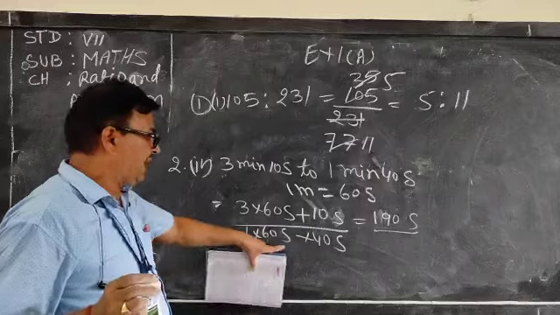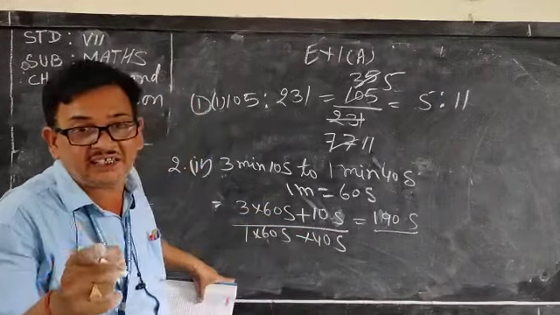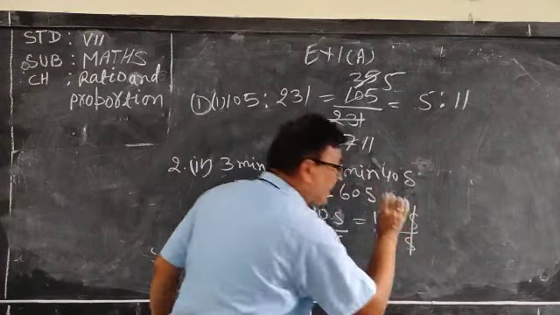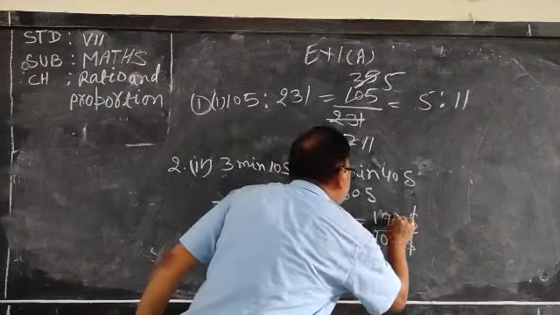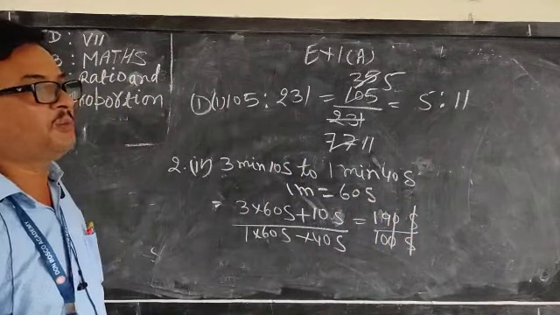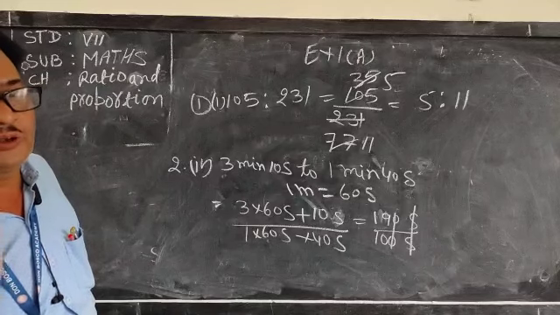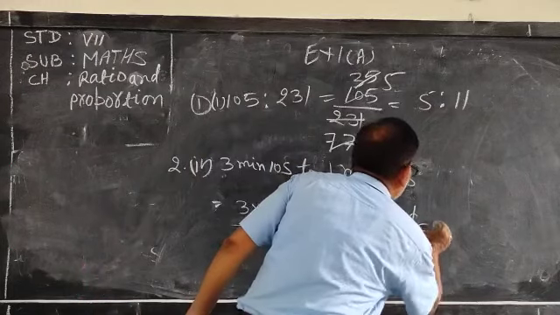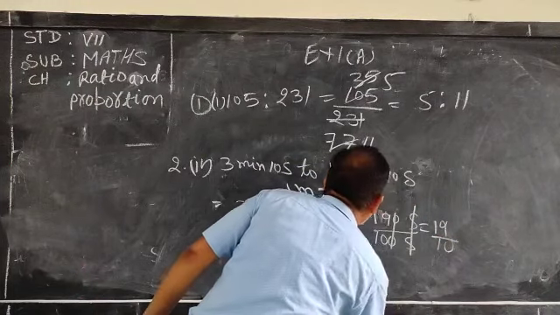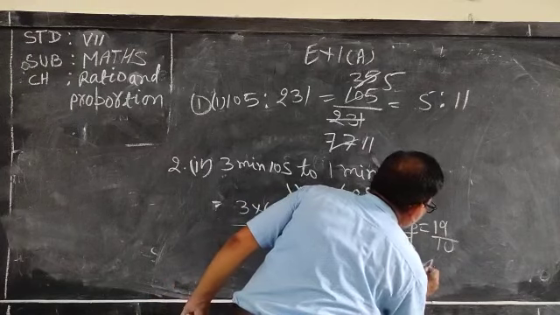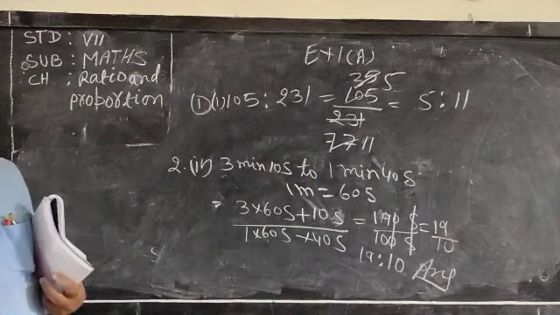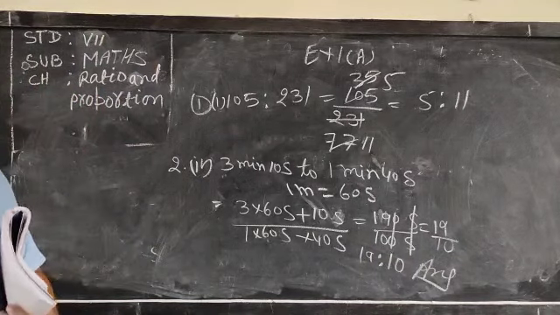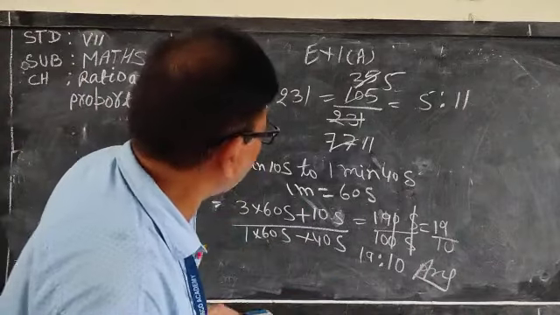And 60 plus 40 is 100 seconds. As I have given instruction, you write the ratio in simplest form. There is no unit, so 190 by 100 is 19 by 10, meaning 19:10. This is your answer. First change the minutes into seconds, after that simplify. This is the fourth question.